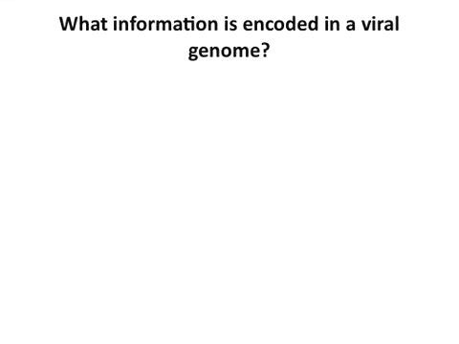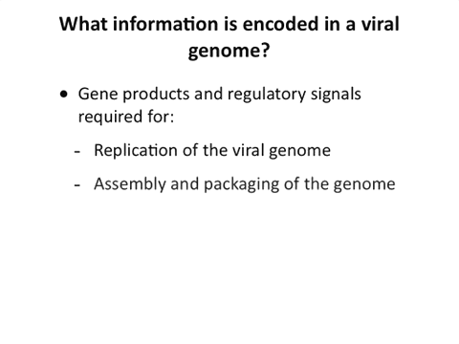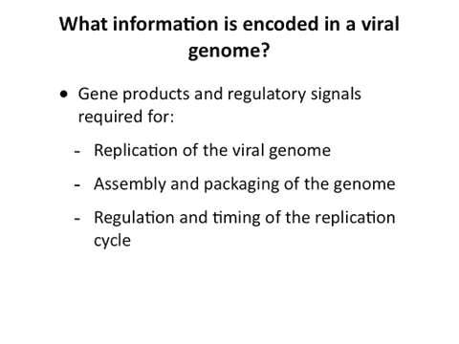So what type of information is in a genome? Well, gene products, proteins, and regulatory signals, for the most part, that are needed for replication of the viral genome, for packaging the genome in a new particle, and also regulating the timing of the cycle. You'll see some viruses do some regulation, which is quite interesting, so the gene products are involved in that.